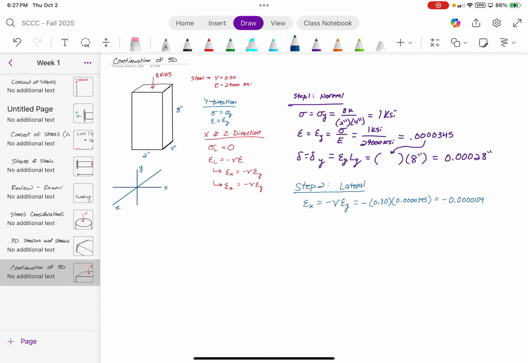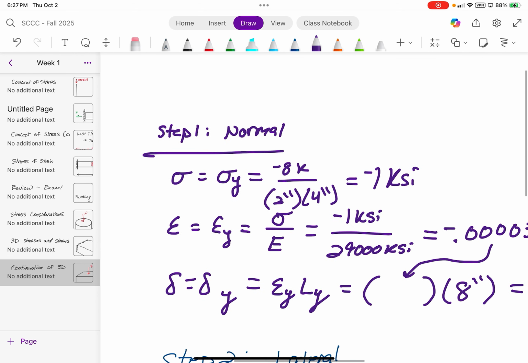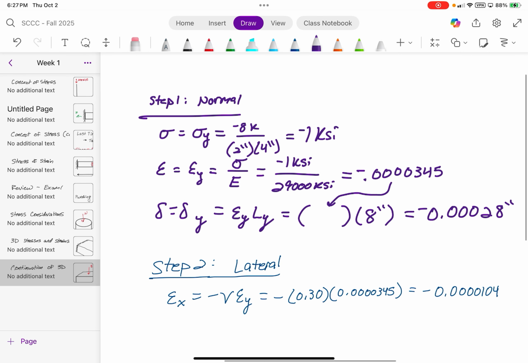In which direction is that force going? Is it tension or compression? Compression. So our force should really be negative 8 kips, right? So we need to make that change towards the beginning, which then is just going to carry out through everything, which means all of our answers in normal were negative.